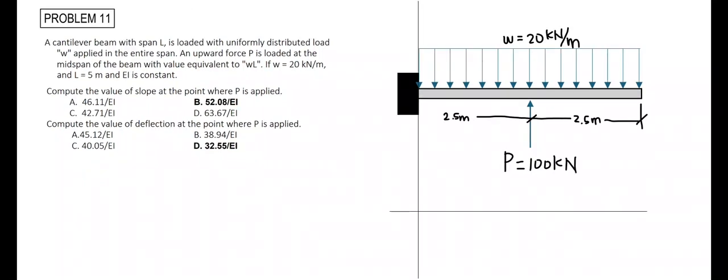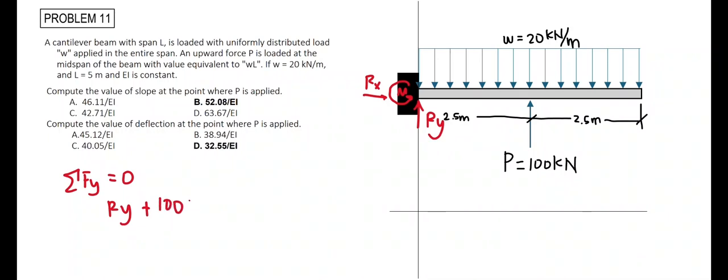Now to solve this problem, let's solve for the reaction at the support that has a moment induced and a vertical and horizontal force at the fixed end. Let's call this Rx and Ry. So taking summation of forces vertical equal to 0, we have Ry plus the 100 kilonewton force going upwards minus the uniform distributed load of 20 kilonewtons per meter times an overall length of 5 meters, all equal to 0.